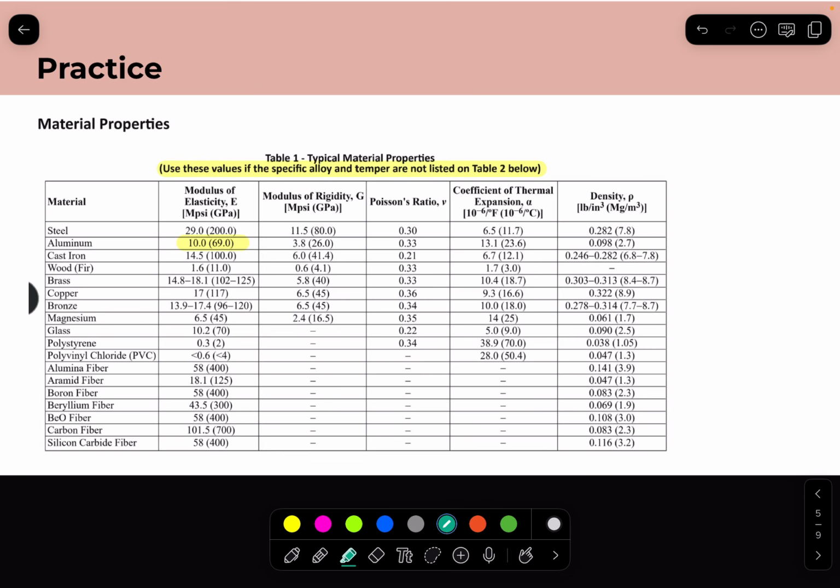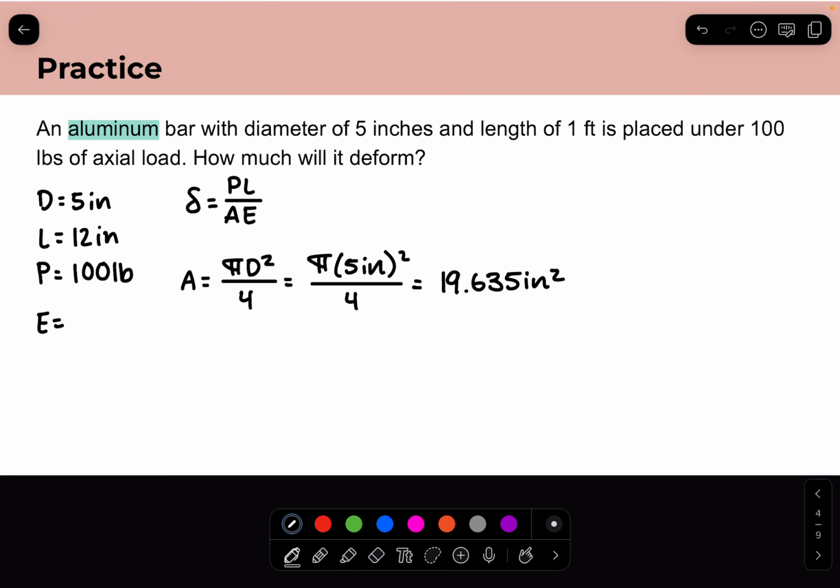So let's use the aluminum row on this sheet, where the modulus of elasticity, or Young's modulus, E, is 10 megapsi. Okay, now we can just plug in to the deformation equation to get our solution.